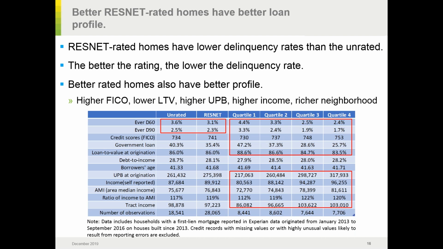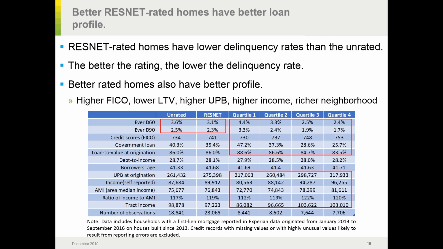For the unrated homes, having ever gone 60 days delinquent is 3.6%, compared to 3.1% of the RESNET sample.